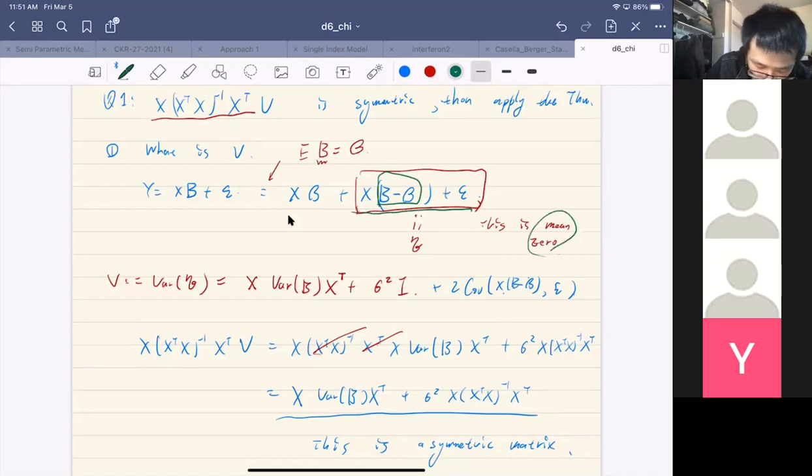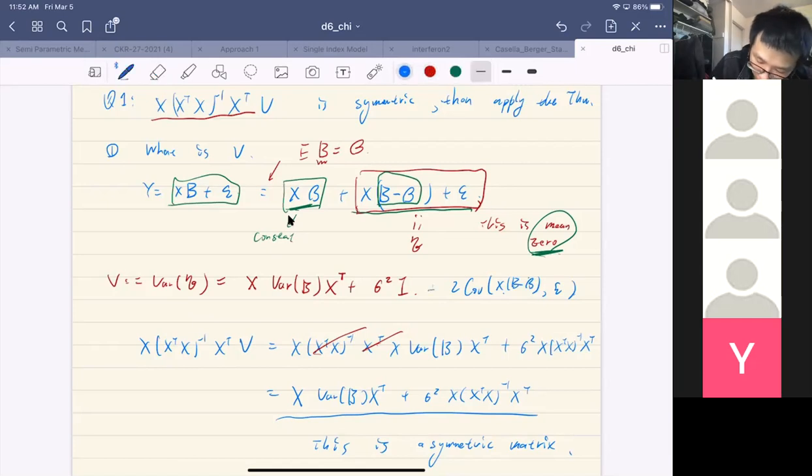Originally these two are both random, but we want to make sure the error is mean zero. So we subtract X beta and add X beta. So this is fixed, it's a constant. And this is noise. Yeah, that's a good point.